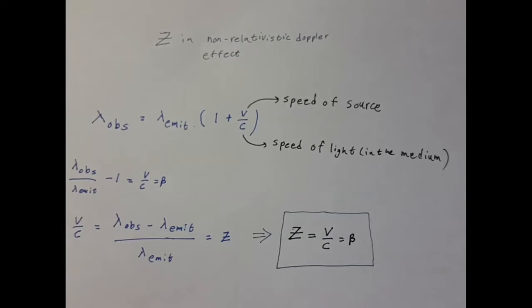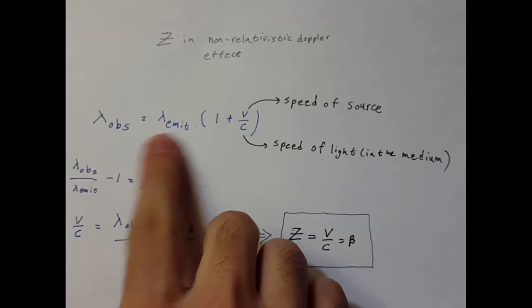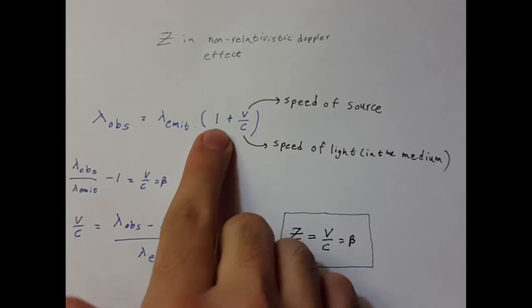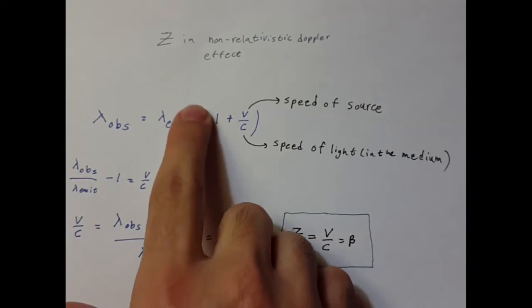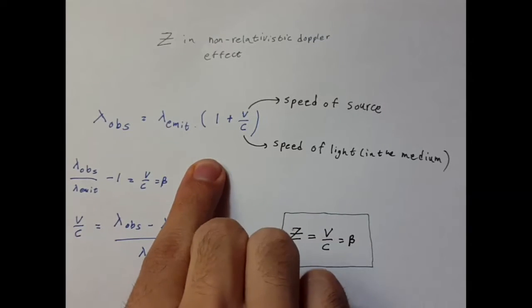What I want to do now is show the physical equivalent of what z is. You can find this formula in your textbooks, or just follow the proof, and you end up with this formula here.